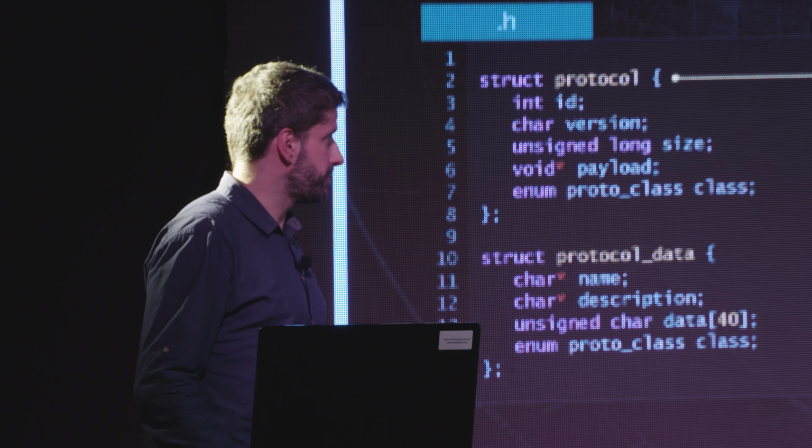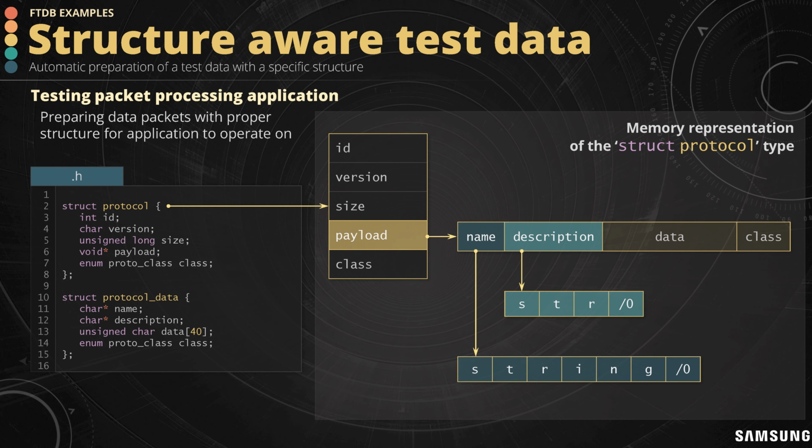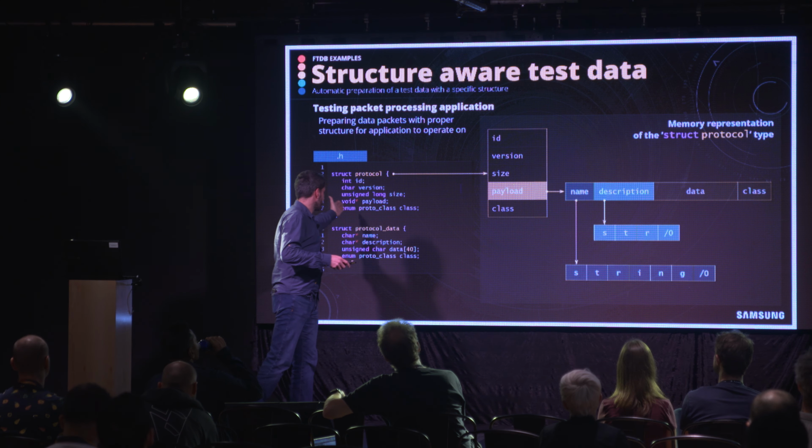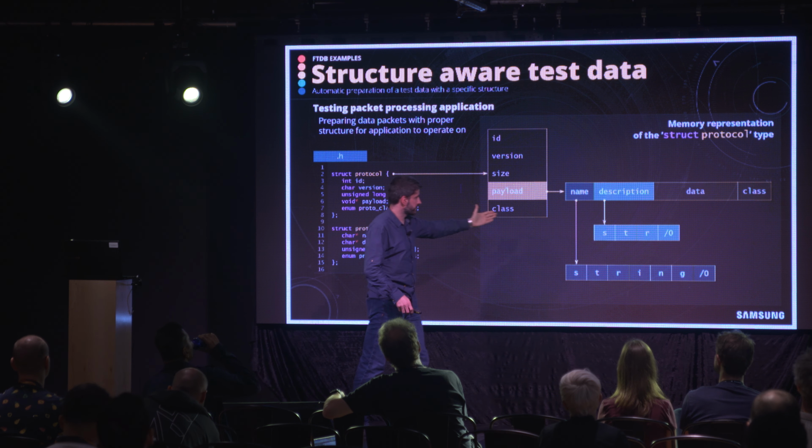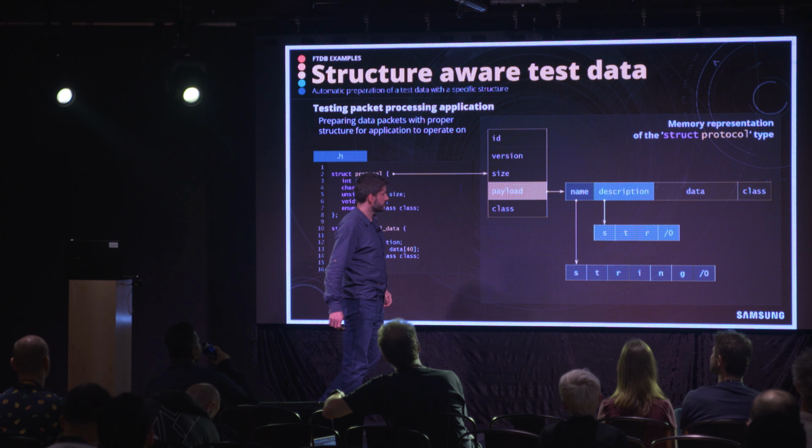Another example is that you can create test data that follows a specific structure. Imagine that you need to test an implementation of some protocol, and this protocol has a pointer to the payload, and this payload also has pointers to some strings. In that case, when you generate this test data and feed it to your application, you want it to follow this structure.